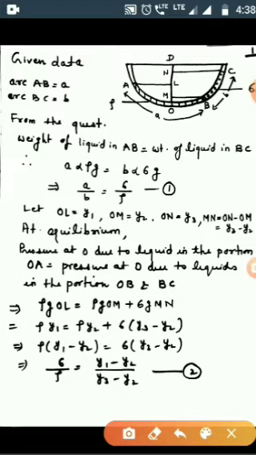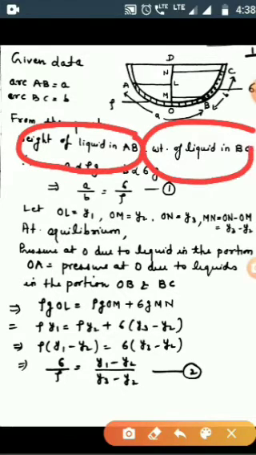Now, it is given that the weight of the liquid in the portion AB must be equal to the weight of the liquid in the portion BC.